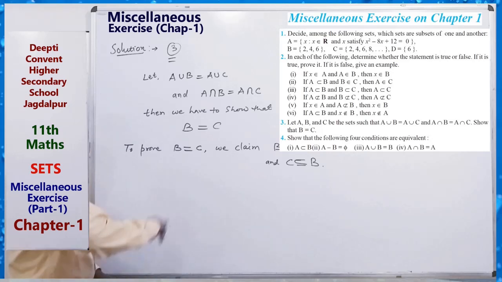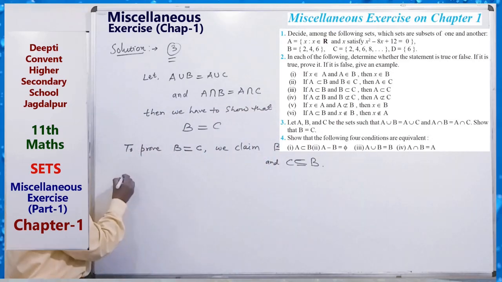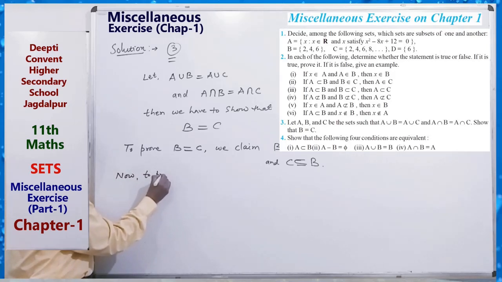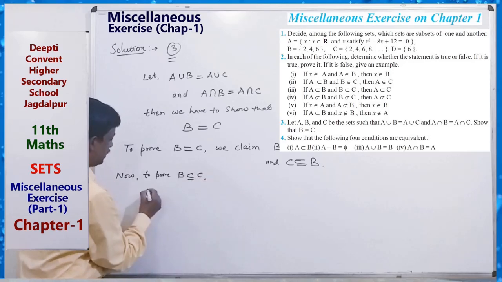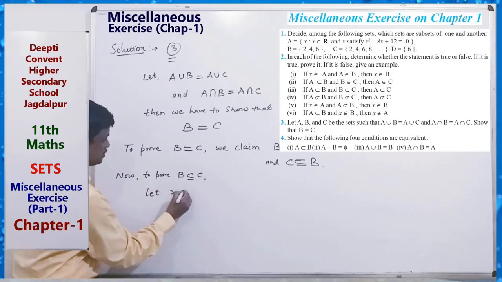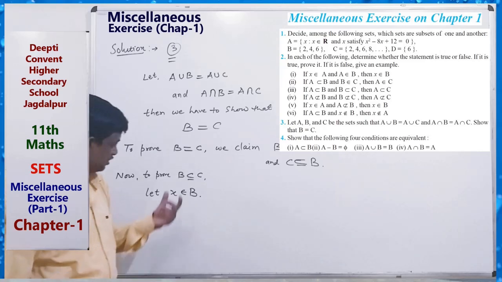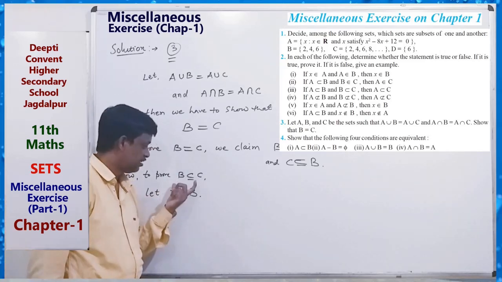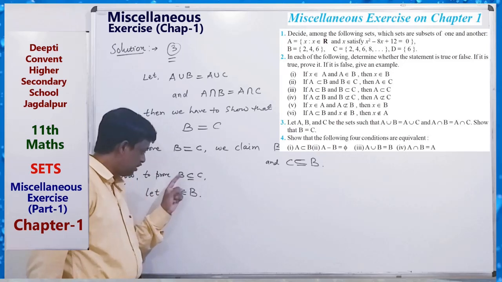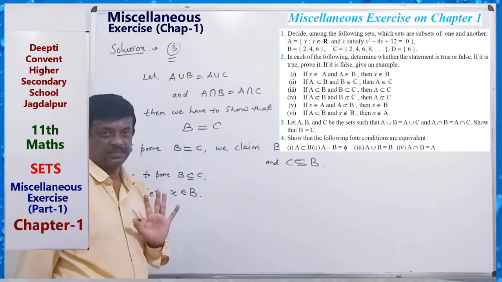Okay. Now, first, to prove B subset C, let X belong to B. We know, for proving this, what do we have to do? If X belongs to B, then X also belongs to C. Then we can say B subset C. Clear?